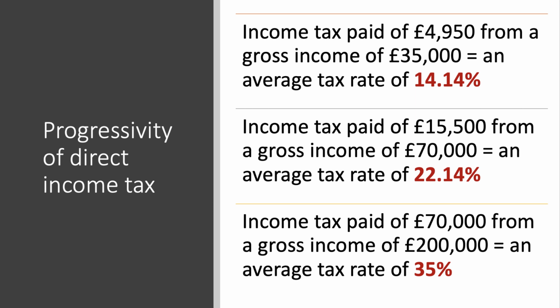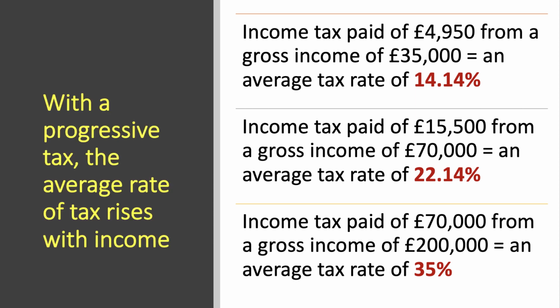Again, divide 70 by 200, that gives an average tax rate of 35%. In other words, with a progressive tax, which income tax is, the average rate of tax goes up with income. These 3 example calculations show that income tax in the UK is progressive. In other words, those people on higher incomes pay a bigger percentage of their income in tax.